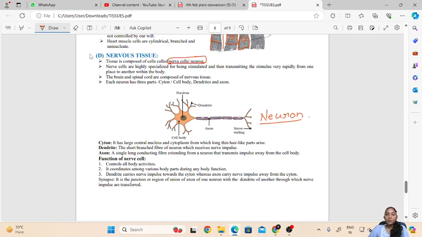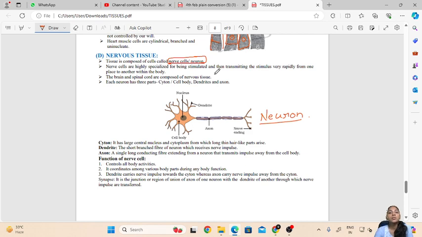Now all the cells have some ability to sense stimuli, but the nerve cells are highly specialized for being stimulated and then transmitting the stimulus further. Now the brain and the spinal cord are composed of nervous tissue. That is, they are composed of these nerve cells.